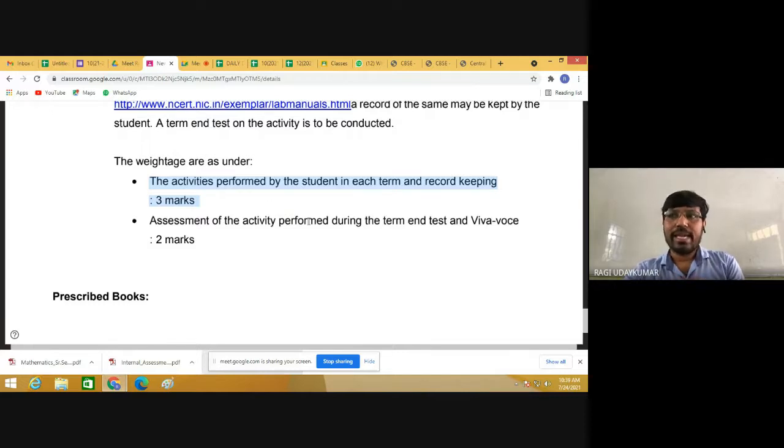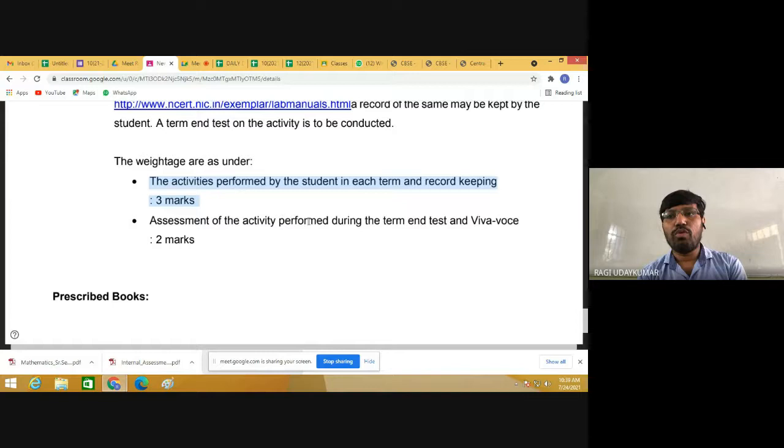So on any day, you may have to come to the school compulsorily. You have to come to the school one day to write the test. On that day, whenever you come to write this 40 marks test, you should come with your practical records and other things also. And the assessment of the activity performed during the term end and viva voce are both included.